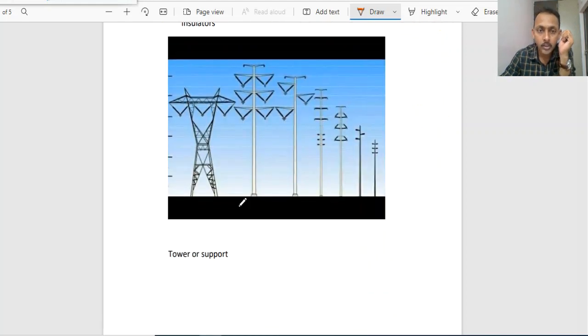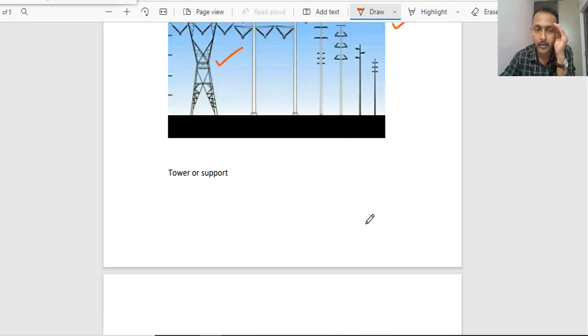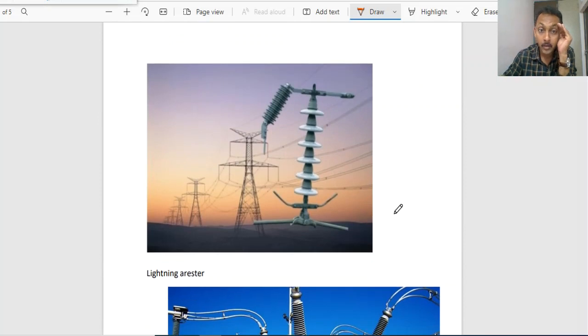Next one is the supporting towers. Depending upon the power carrying capacity and voltage ratings, the towers will be laid. We can observe supporting towers or structures. Over the transmission lines or towers, if huge clouds are formed, these clouds are going to discharge. They are nothing but massively, heavily charged bodies at the bottom of the clouds.